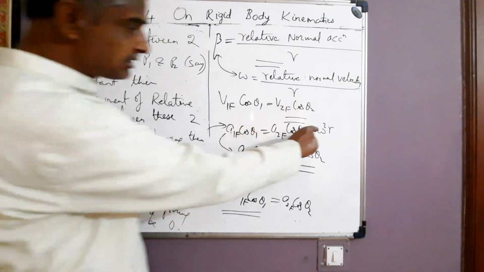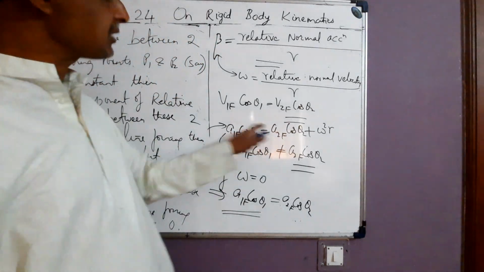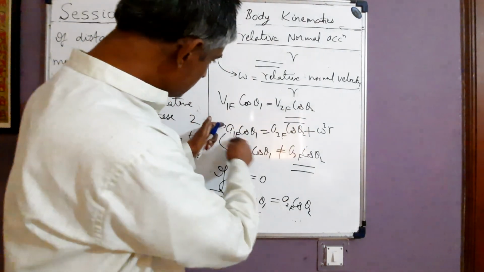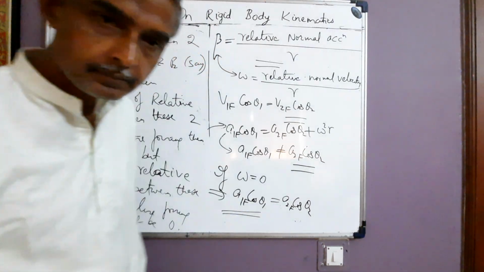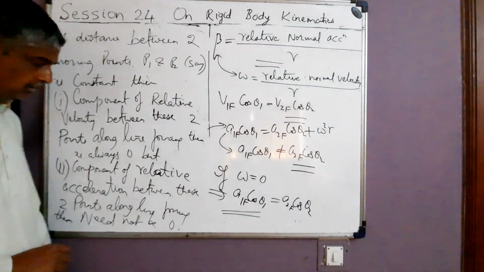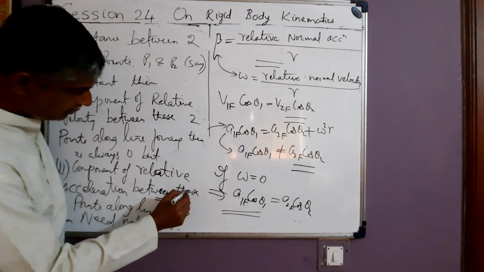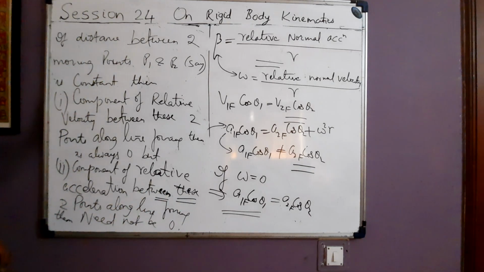If omega happens to be 0 instantaneously or permanently, then this equation will be valid instantaneously or permanently. Then these two acceleration terms will be equal along the line joining them. This point I have made very clear. You should be clear with this term, so this point should be understood very clearly. If you take this into account, then it's all right.